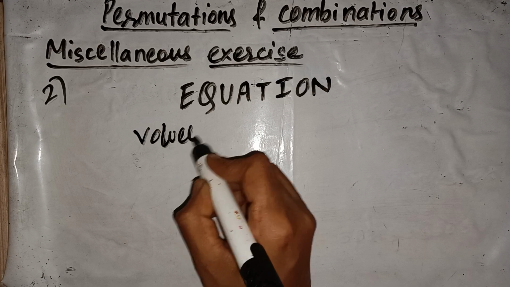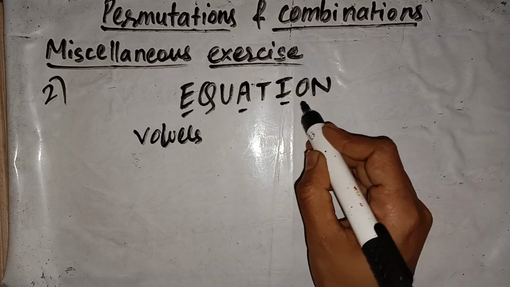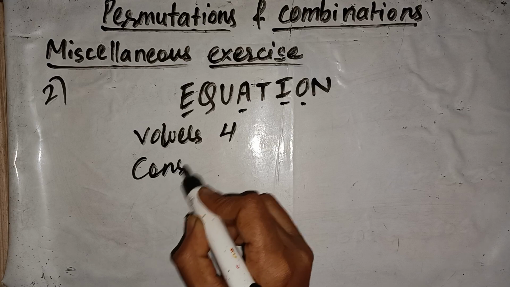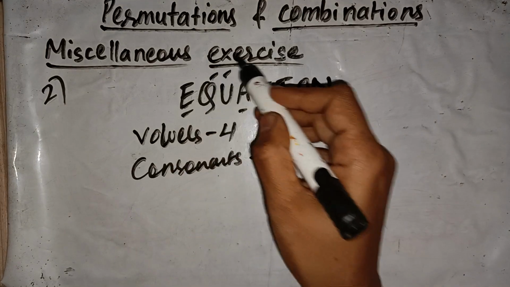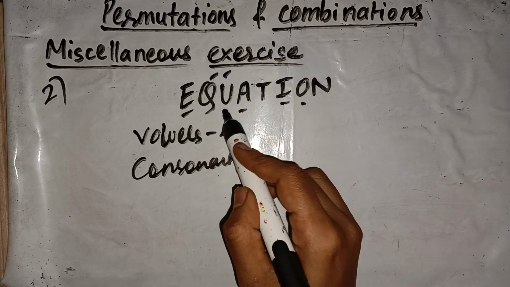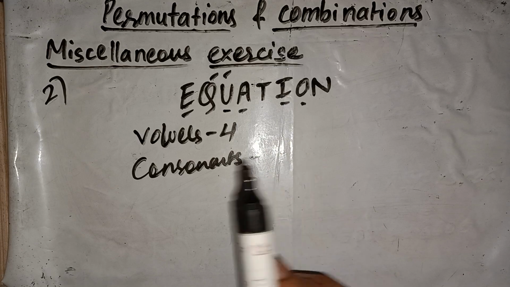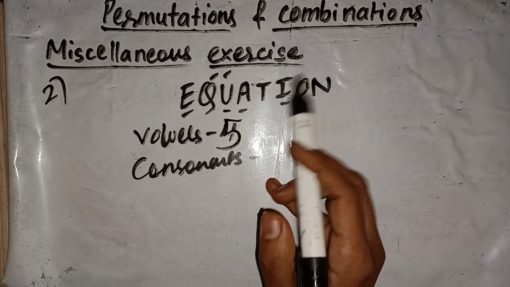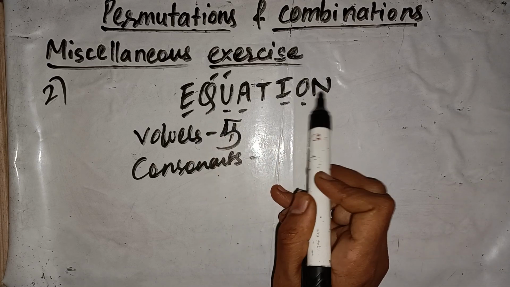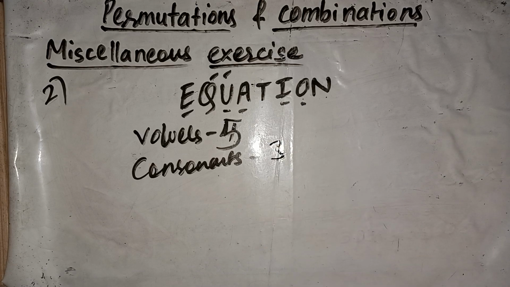Vowels are 1, 2, 3, 4, 5: E, A, U, I, O. Consonants 3 are there. So we have to take all the vowels and consonants together.